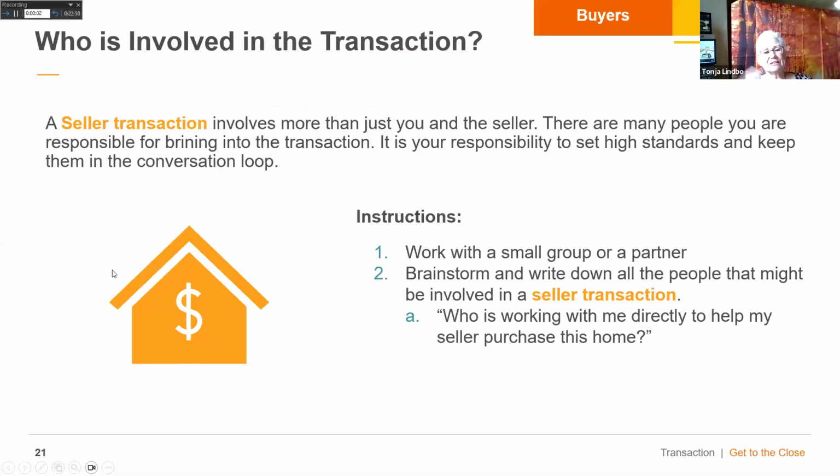So now we're going to go over to the sellers. It's kind of the same thing, but it's coming from a different perspective. Sellers want to get the most that they can. Buyers want to pay the least for the same thing. So your job is to always kind of close that gap.